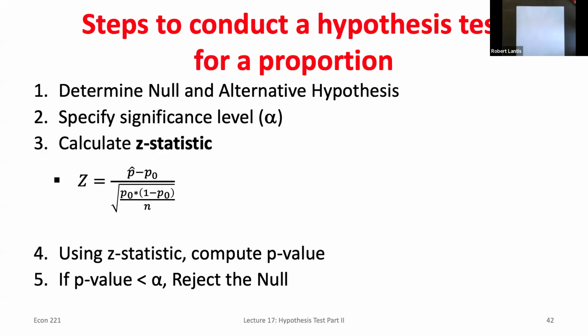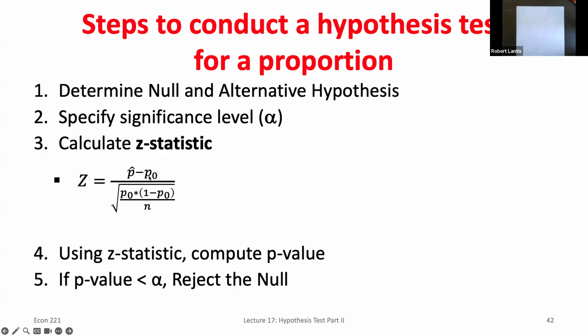Now, here's where it looks a little bit different than confidence intervals. Remember with confidence intervals, to calculate the standard deviation of our sample proportions, we didn't have the population proportion, so we had to use the sample as our best guess.